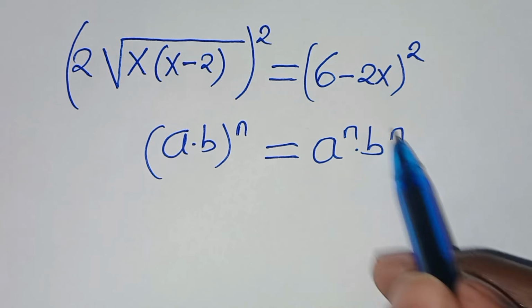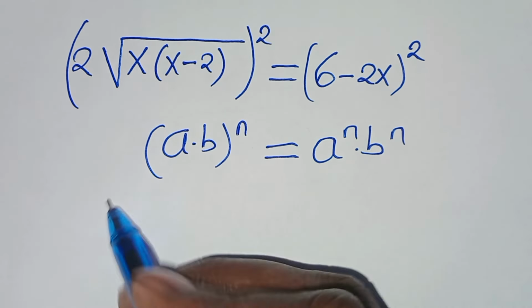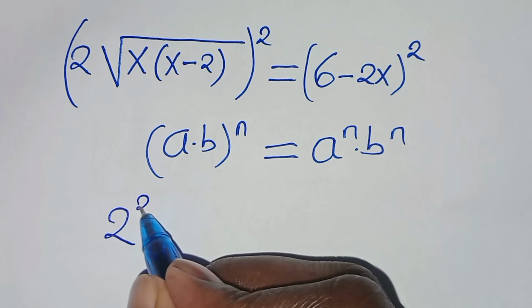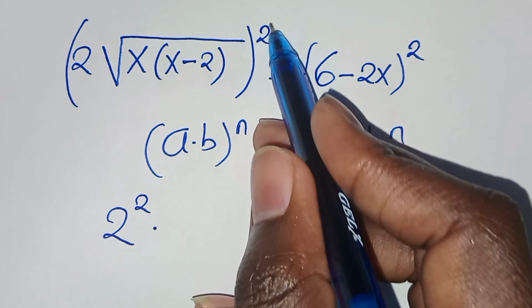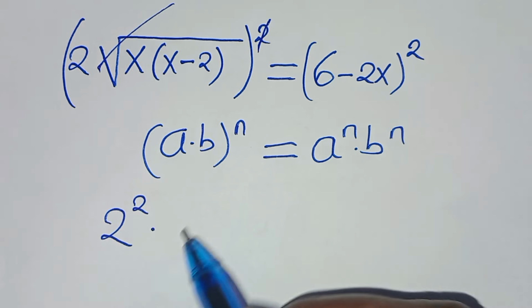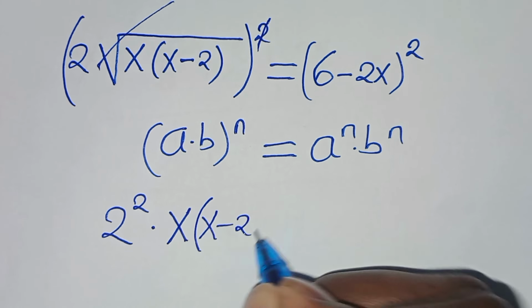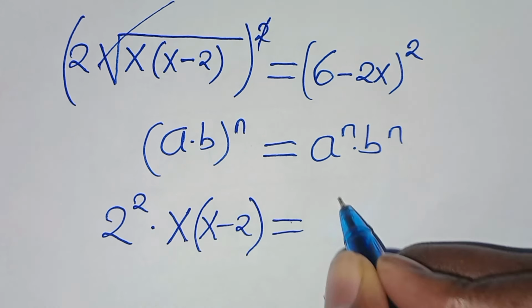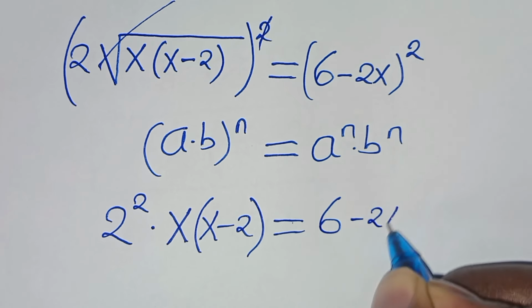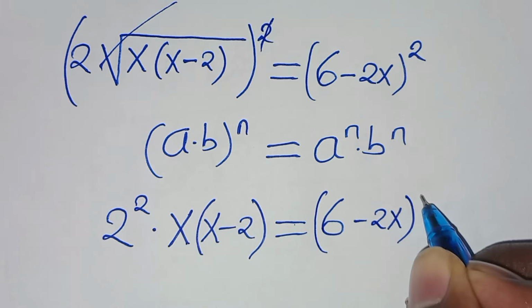Now applying this exponent property, here we have 2 squared times, eliminating the square root sign, x multiplied by x minus 2. This is equal to 6 minus 2x raised to the power of 2.